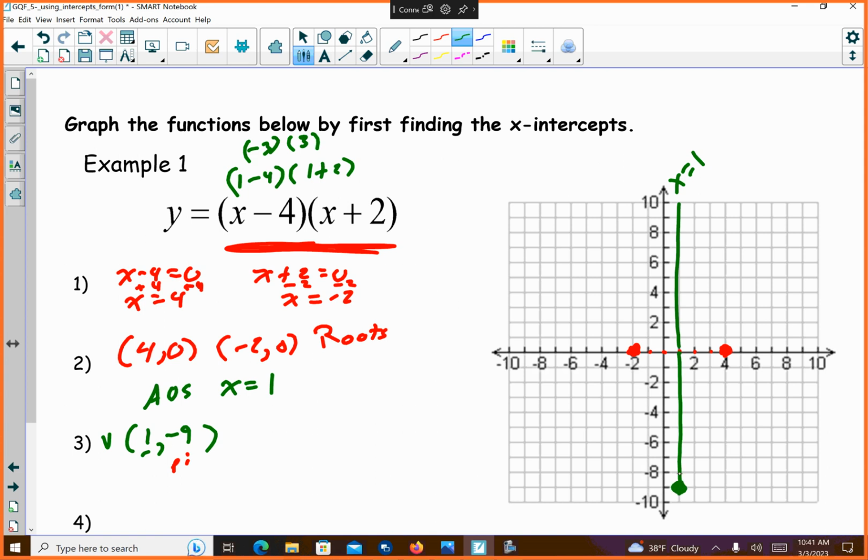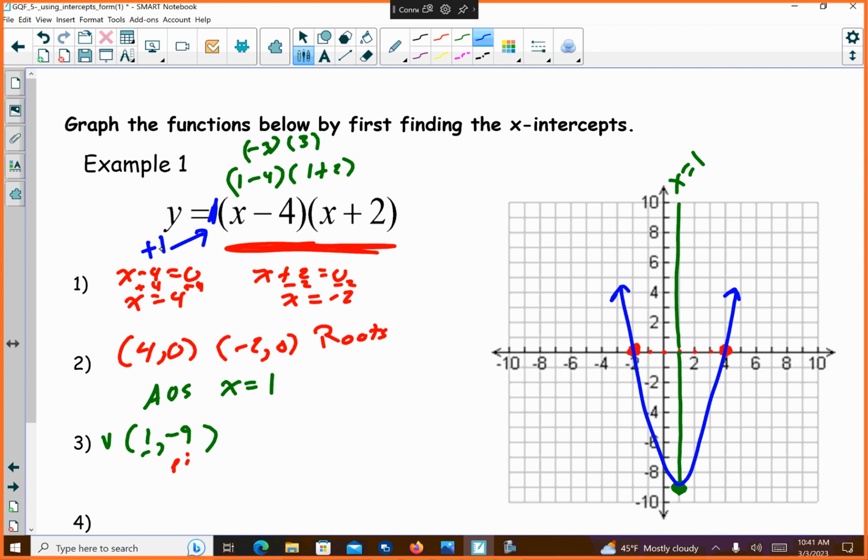All right, do you feel comfortable that this parabola is going to open up just based on what our picture looks like? The reason this opens up is that out in front of this is actually a positive 1. That's all you have to do.